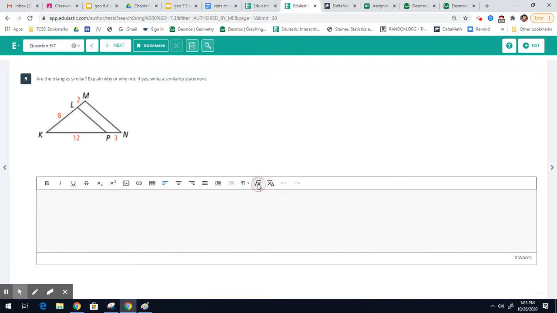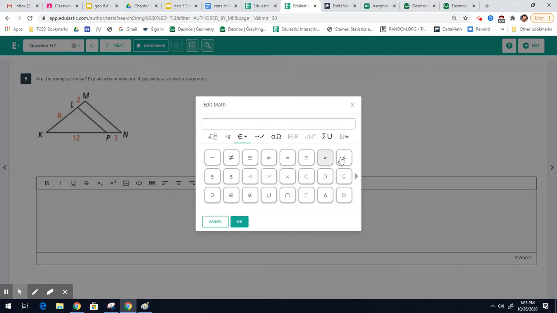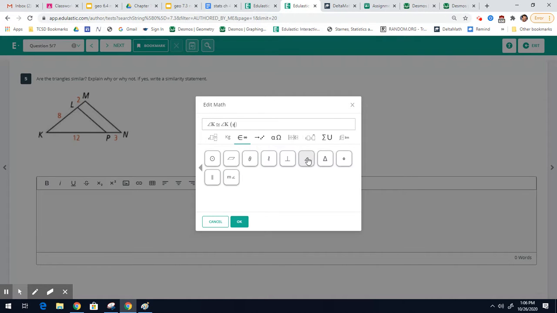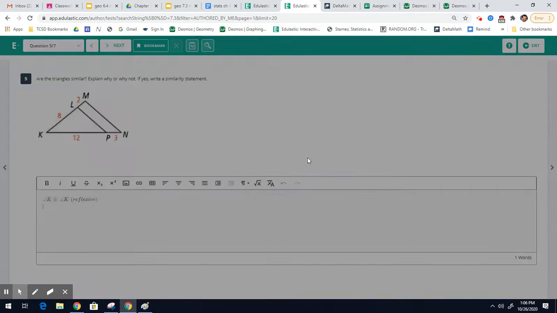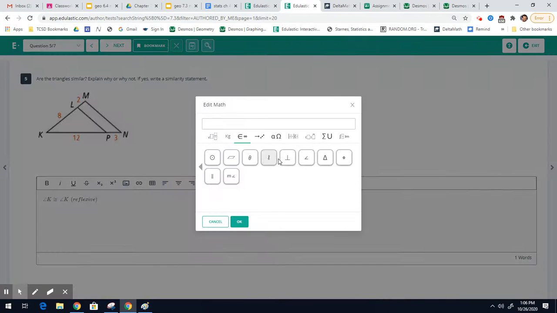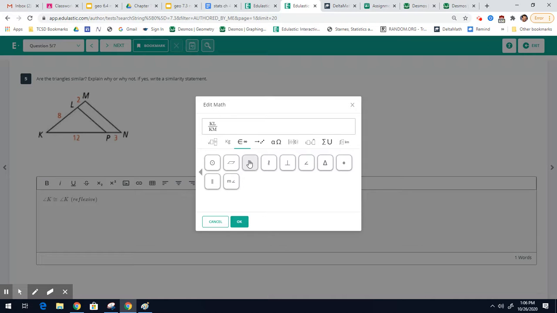Okay, so let's do this. So first of all, angle K is congruent to angle K, and that is by the reflexive property. It's shared. And then our side lengths. So let's say KL divided by KM is equal to KP divided by KN.